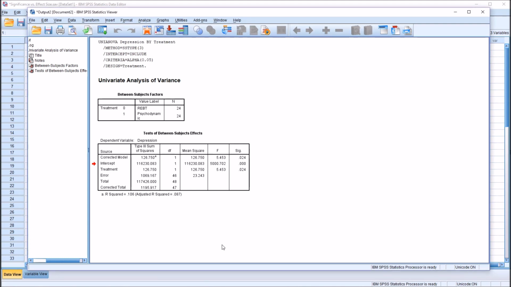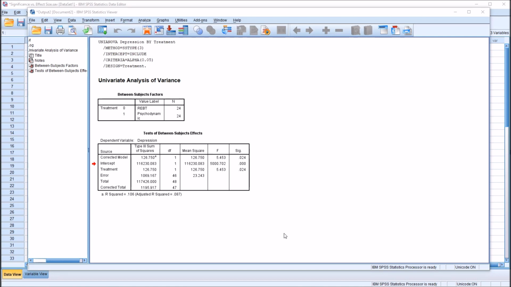So setting the alpha and using the p-value to determine if the null hypothesis should be rejected or if we fail to reject it is useful. It's a useful way to use statistics. However, in some cases, like in this case, comparing measurements on a depression inventory, we don't know from hypothesis testing how important the difference is.